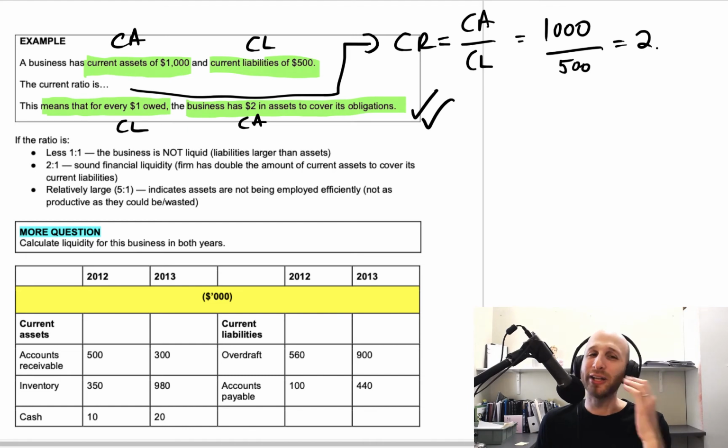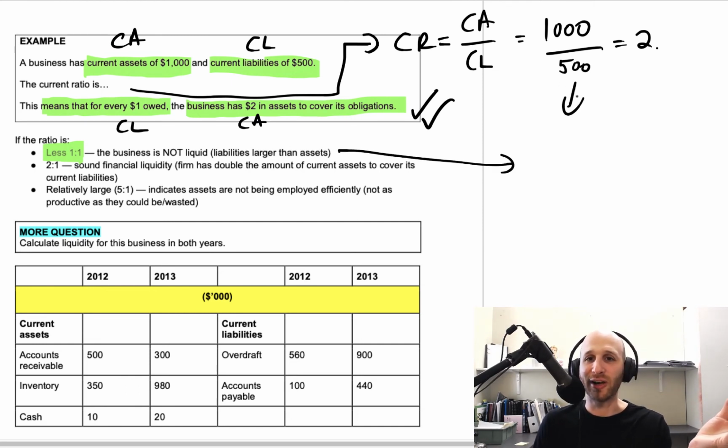If the ratio is less than 1-to-1 in terms of current assets to current liabilities, that's a problem. For example, if this was reversed, the current ratio equals current assets over current liabilities, 500 over 1,000, which would equal 0.5.